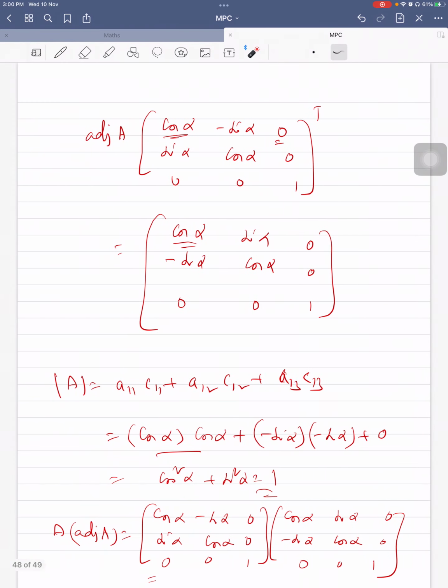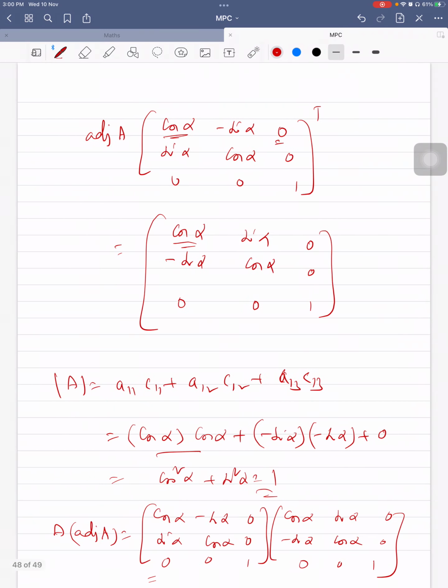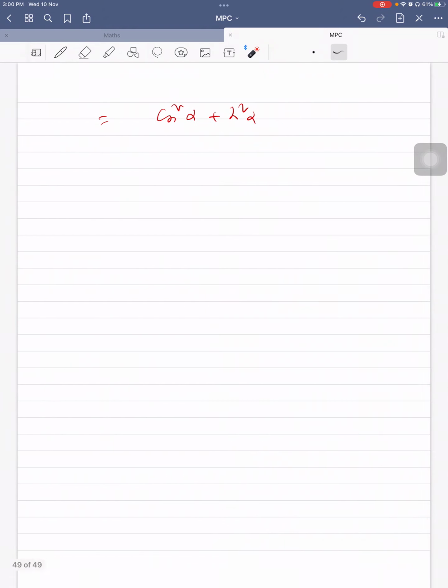Now if you multiply this, then you will get sin alpha cos alpha minus cos alpha sin alpha, 0, like that.